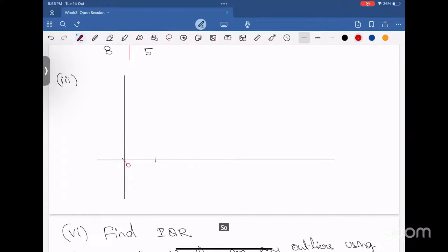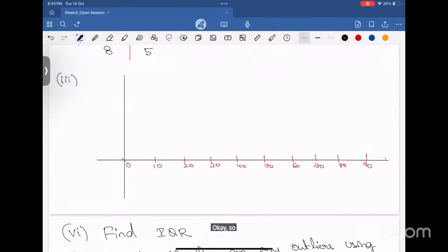So this is 10, 20, 50, 70, and then 80 and 90.